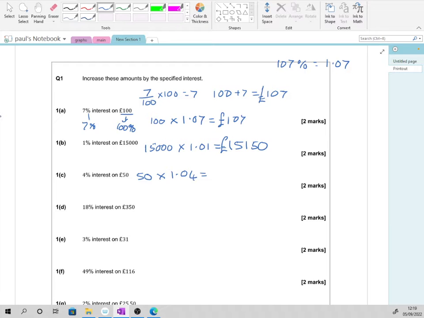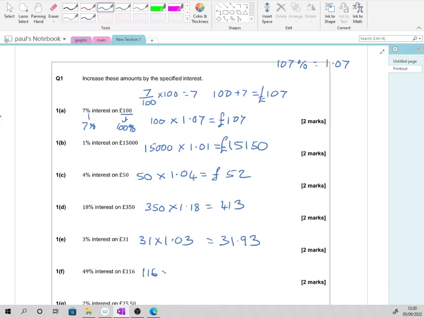So 50 times 1.04 is 52. 350 times 1.18 is 413. 31 times 1.03 is 31.93.